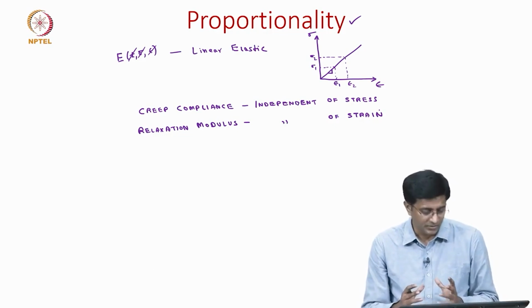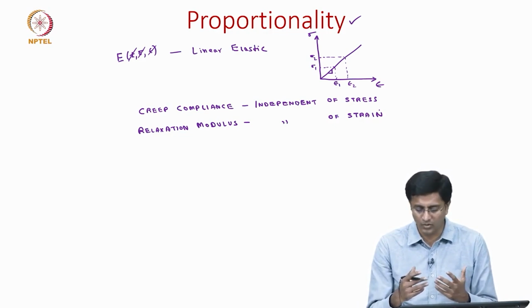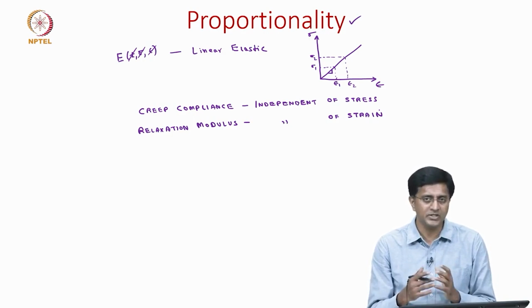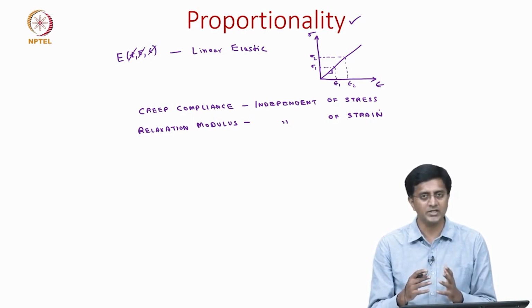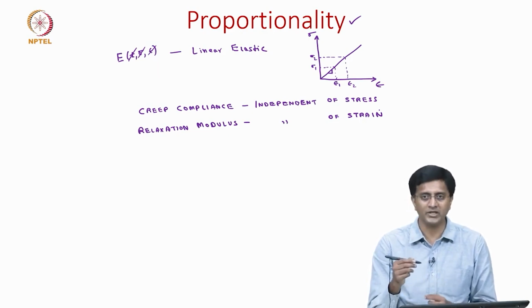But these are the definitions of proportionality, but let us say we have a material at hand and we need to understand whether it is behaving like a linear viscoelastic material or not. For this one need to do a series of tests or a more rigorous amount of testing to first comment on whether it is linear viscoelastic or non-linear viscoelastic.